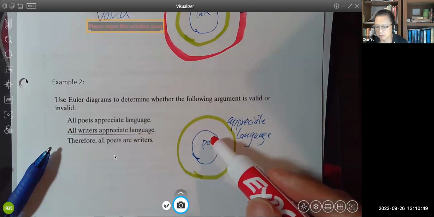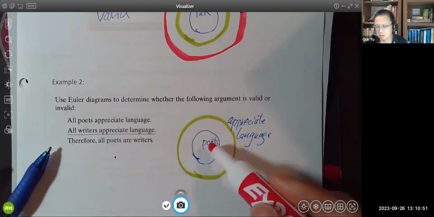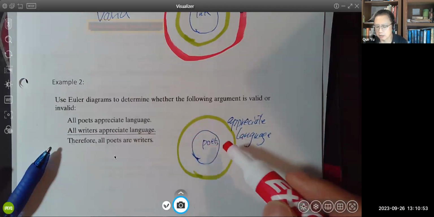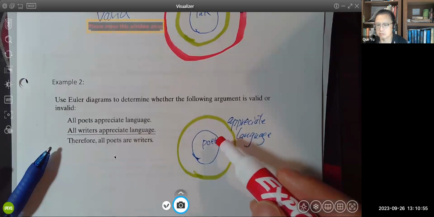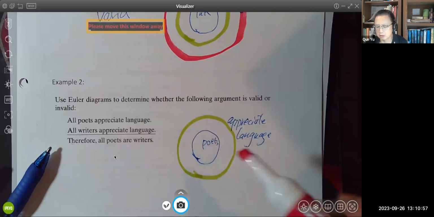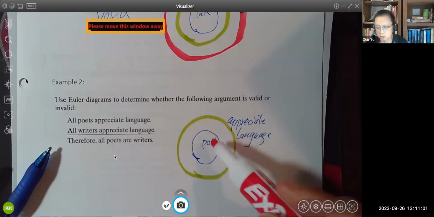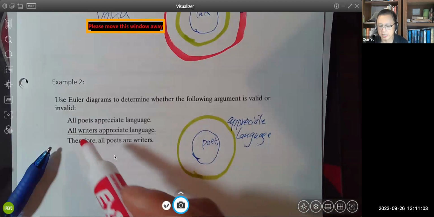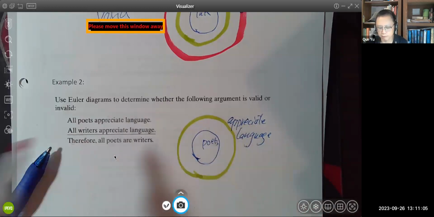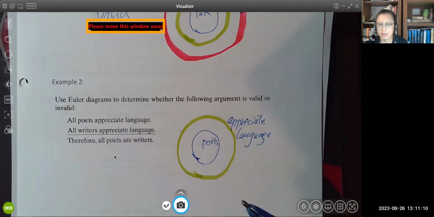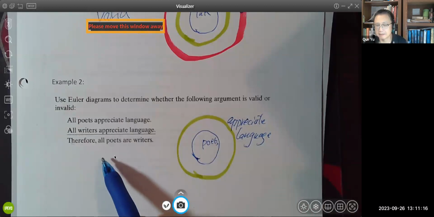But since we have this blue circle, potentially I could draw different scenarios. Since I have more than one way to draw this red circle, I need to look at the conclusion first. Why? Because I need to go against the conclusion. If I draw a different conclusion, this means the argument is invalid.